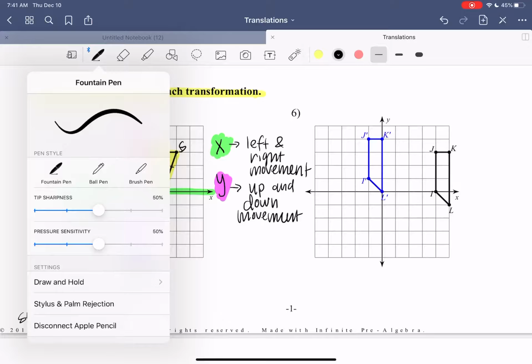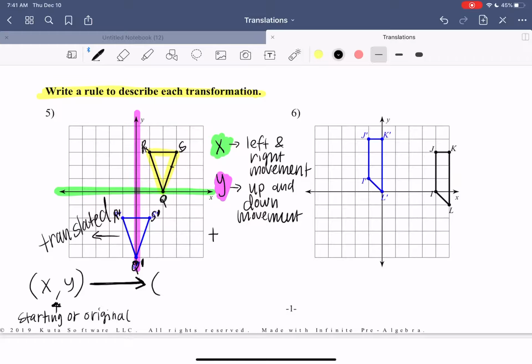Then we also have positive and negative movements. A positive movement is associated with right and up, and our negative movement is associated with left and down.